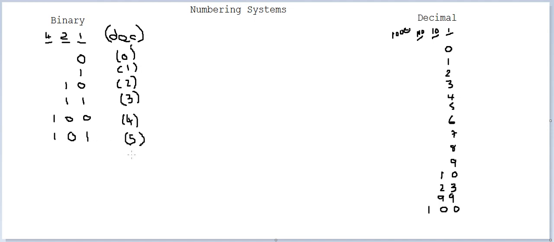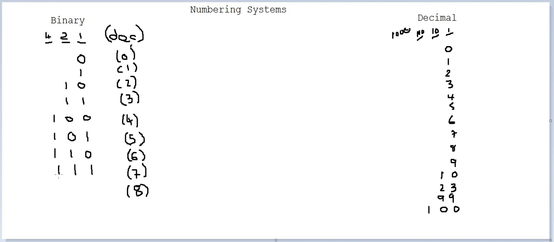So let's go to decimal 6. Well, with 6, you want a 4 and a 2. So we have 1 4, 1 2, and no 1s. That gives us 6. Decimal 7, we would want a 4, a 2, and a 1. Great. Now we want decimal 8.